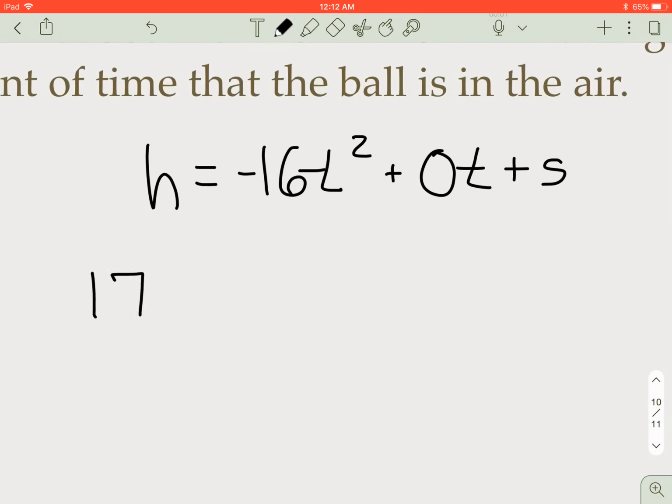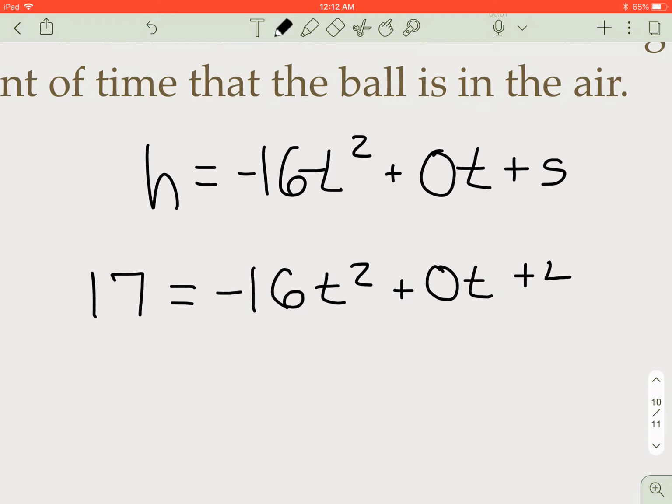So this means 17 equals negative 16t squared. The velocity: we did not throw this ball down, it was not propelled down, it was not shot down, it was just dropped using gravity. So there is no velocity, so it would be 0t. And our s, the initial height at which the ball was dropped, was 45 feet in the air.